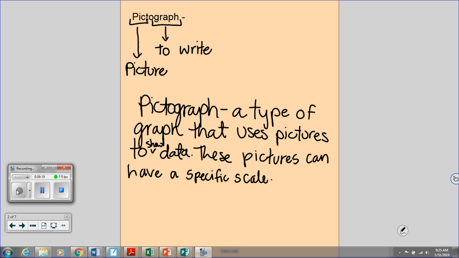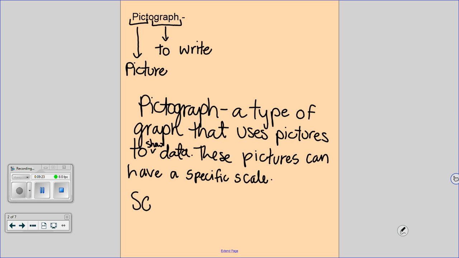We're going to add that definition to our notebook as well. So in your math glossary still, some of you are probably getting to the point where you need to turn the page. That's okay. That's why we have lots of pages. Okay, let's turn.